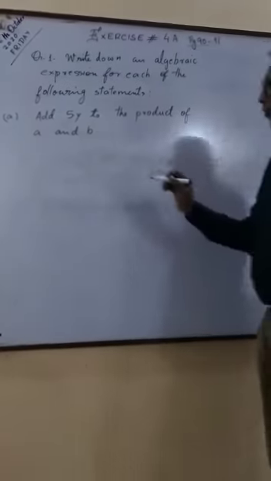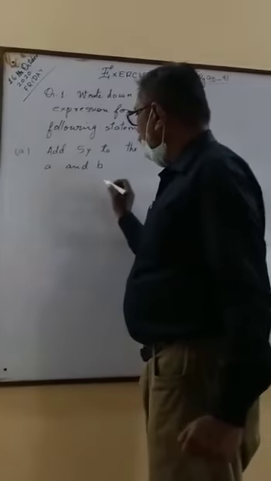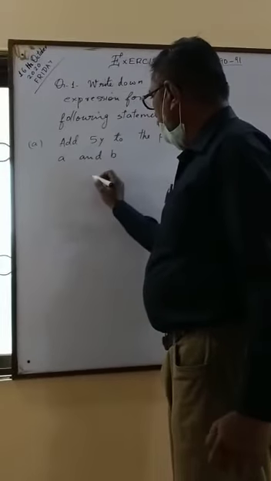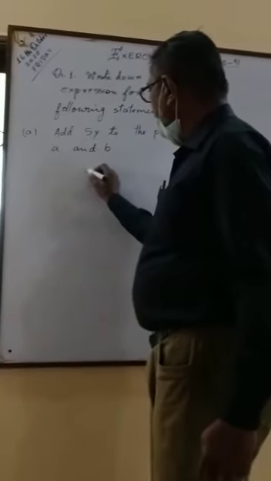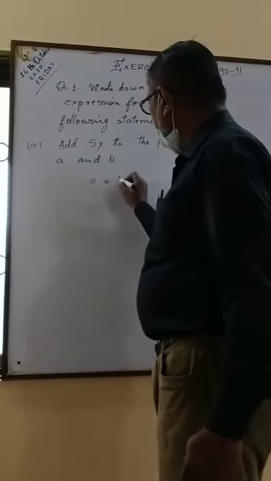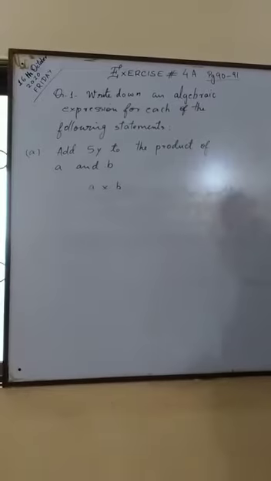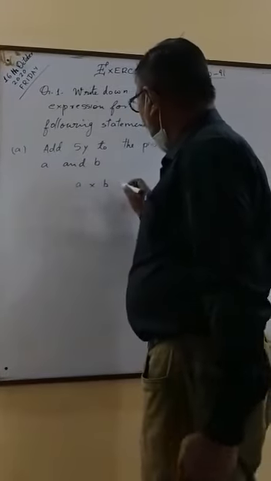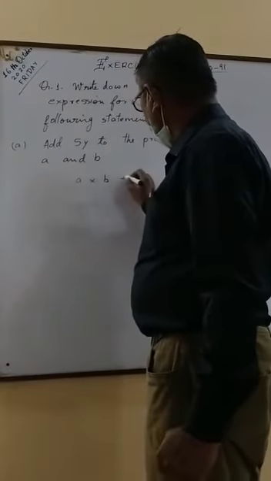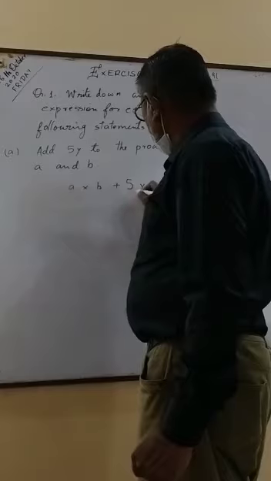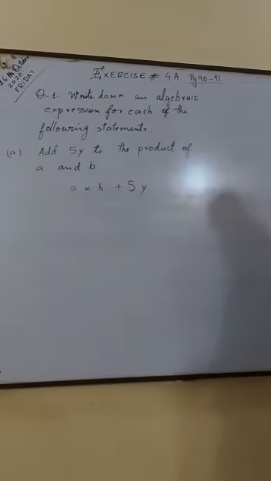So first see what the product of A and B is. Product of A and B is A multiplied by B. This is the product of A and B. Okay, and 5y will be added to it.